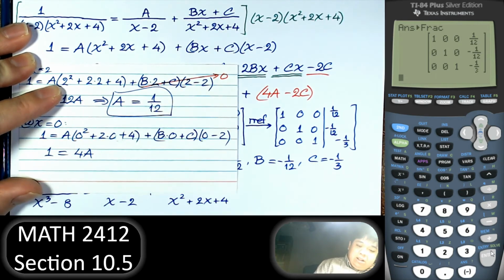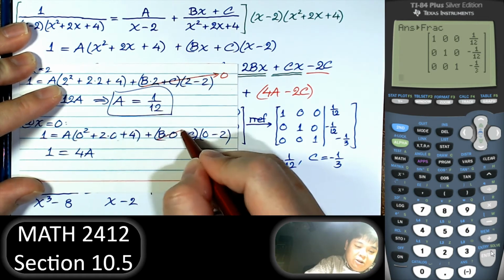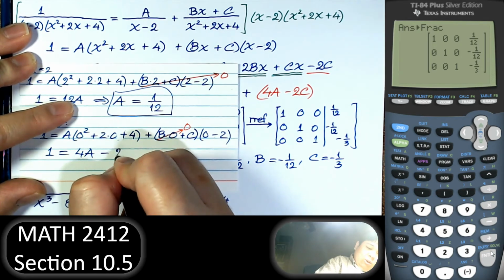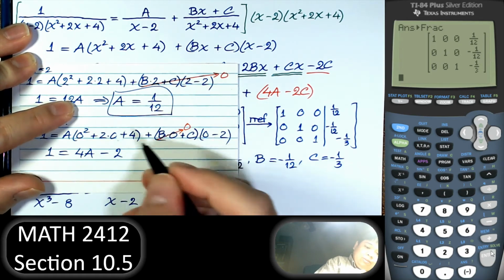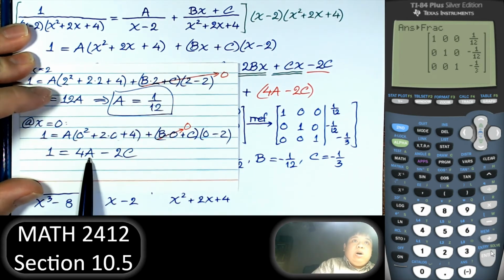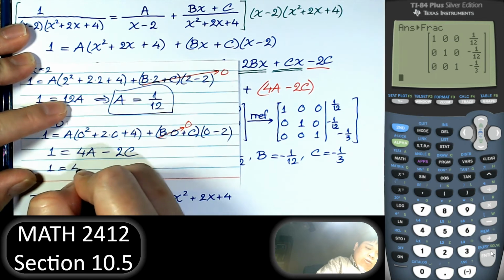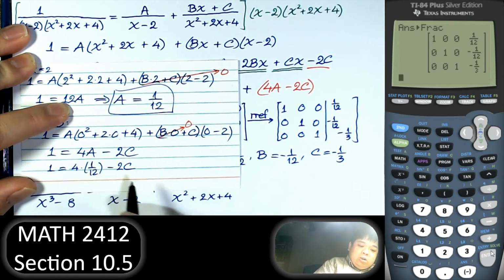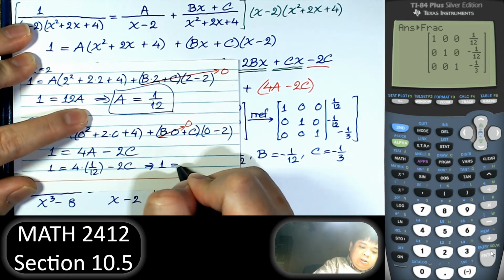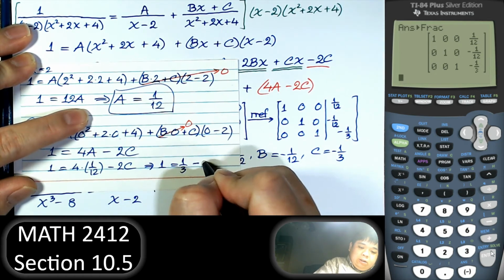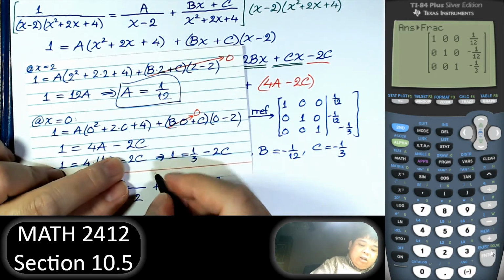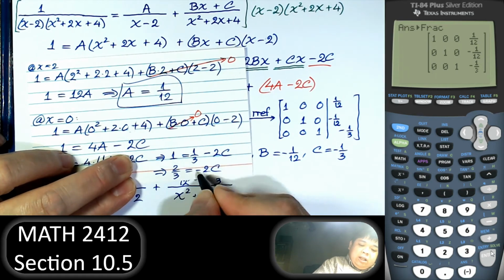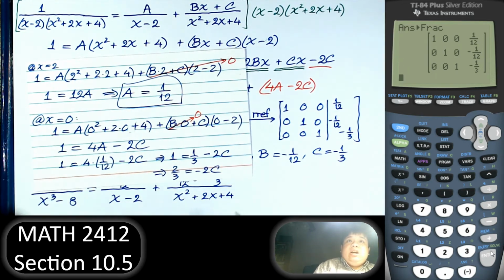We know what a is. B times 0, at least that one is gone. C times negative 2, so minus 2c. a is 1 over 12, so 1 equal to 4 times 1 over 12 minus 2c. That is 1/3. And move over there, so we have 2/3 equal to negative 2c, and divide by negative 2, c is negative 1/3. So that is correct.